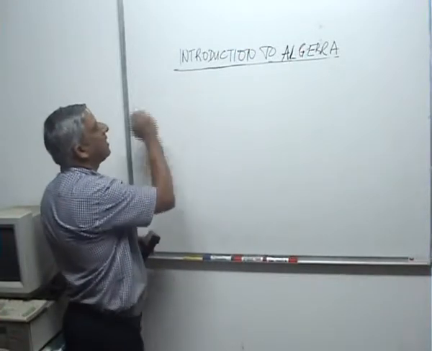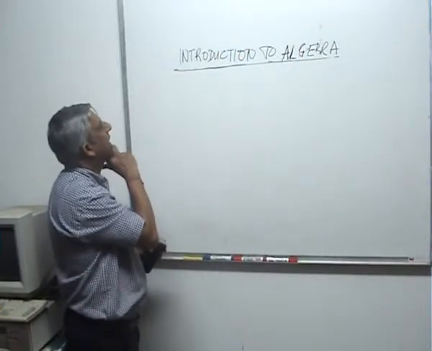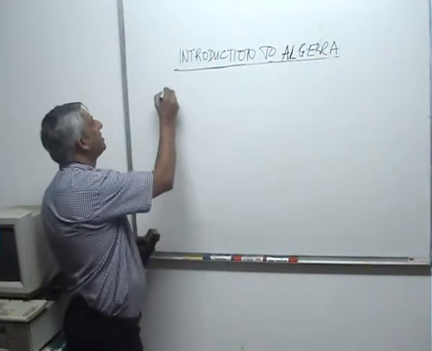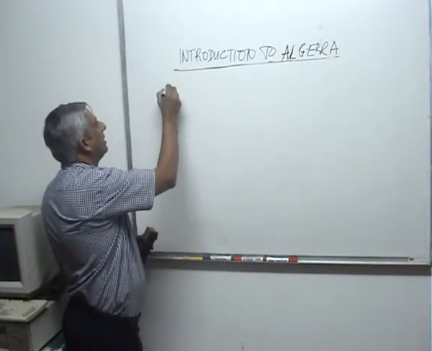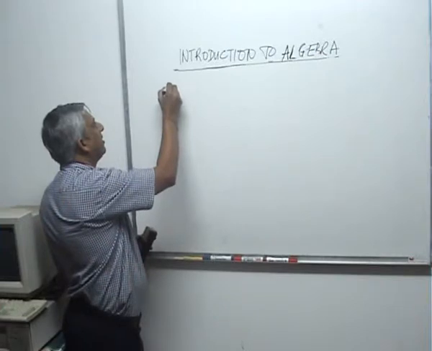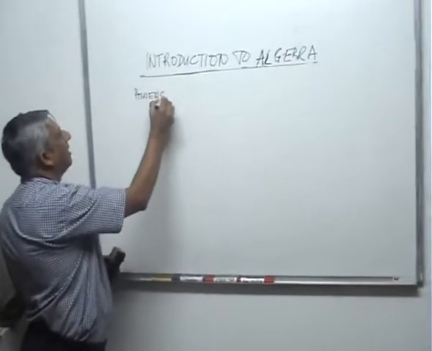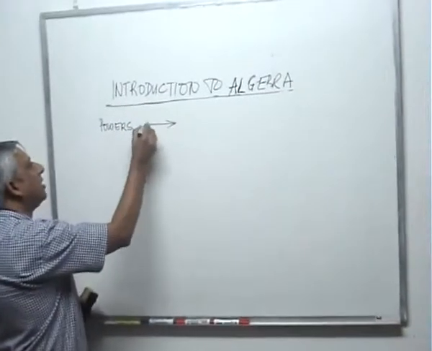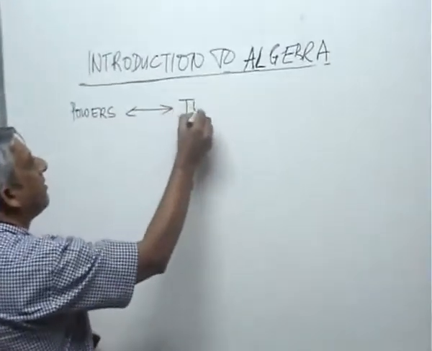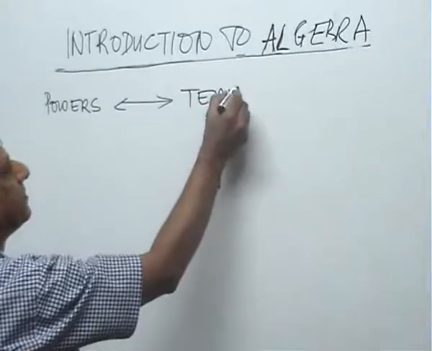Now, the last time we were dealing with powers and we said we end there. Well, the story doesn't really end there. It's actually where the story starts. Powers are linked to terms in a very, very special way.